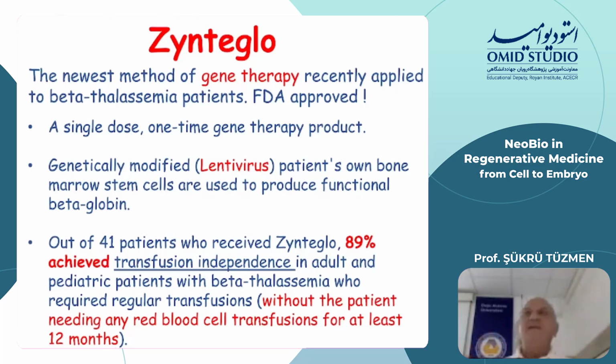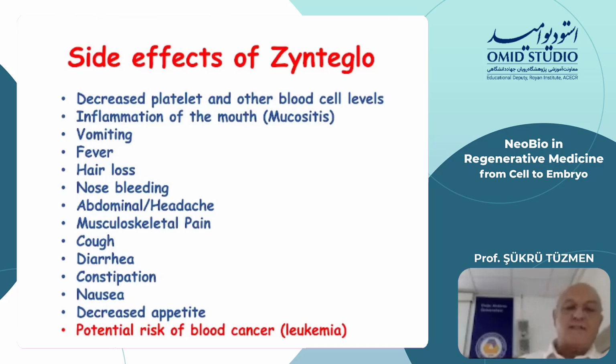But every drug comes with its drawbacks, and the drawback of this drug was that it had a potential risk of leukemia. Obviously, on one hand, you're trying to correct something; on the other hand, you're messing up something else. So it was FDA approved, but now I think it's withdrawn from the market and they're still trying to correct it somehow to make it less of a side effect, so that they can administer it to these patients.